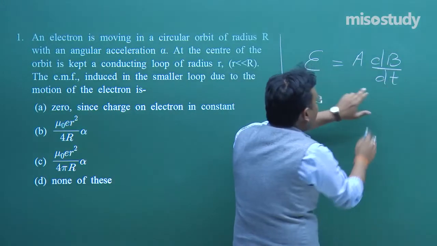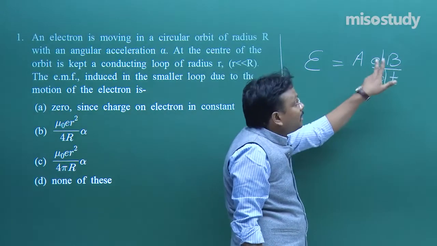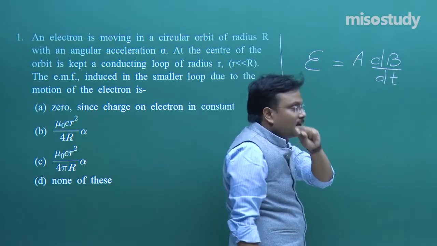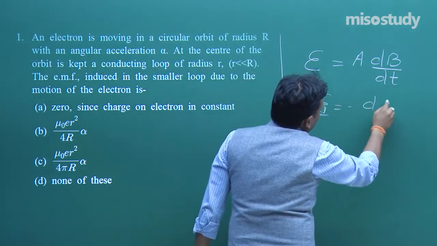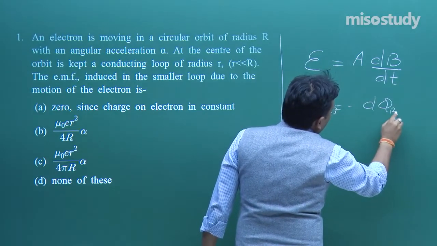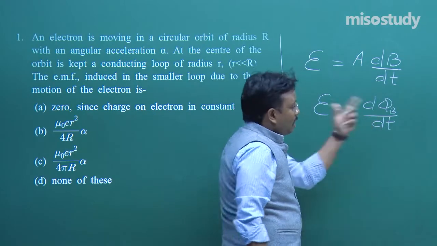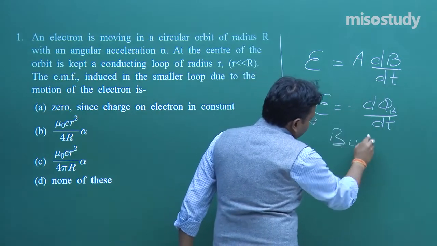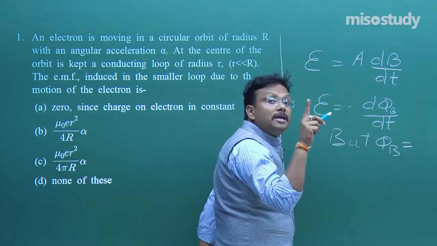Now why am I writing dB by dt? Why am I not writing anything else? The reason is simple: it is minus d phi B by dt, the basic result, but phi B is equal to BA.